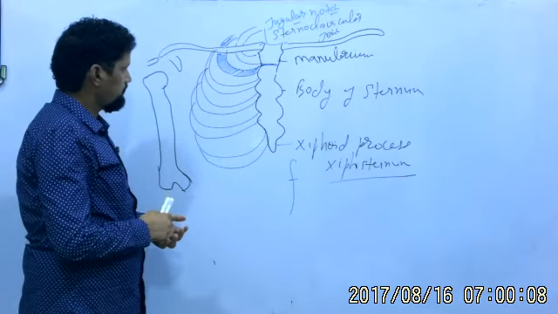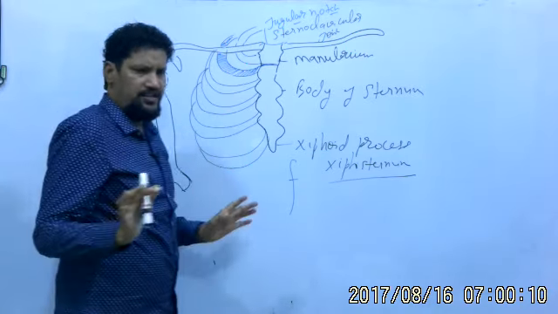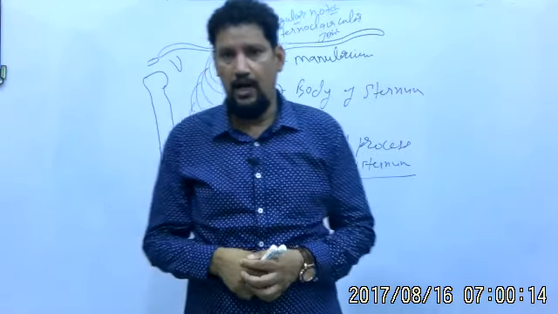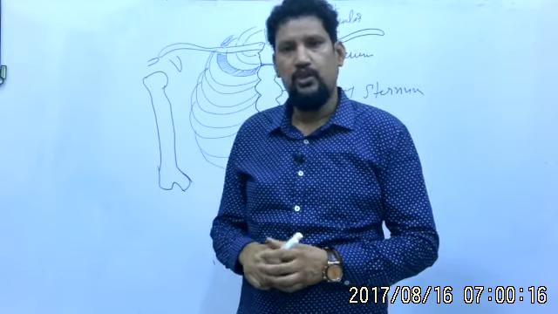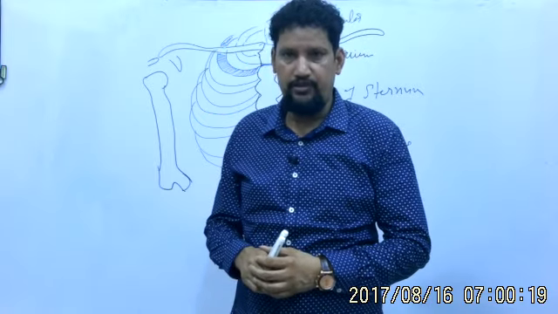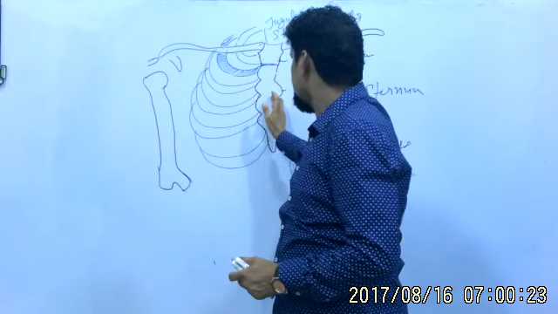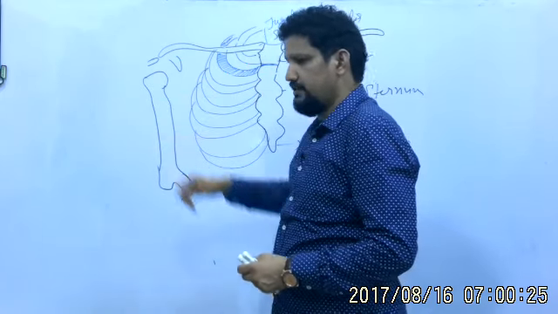Now, the structures which are connecting the thorax to the upper limb are some muscles, mainly 4 muscles involved in connecting the axial skeleton to the appendicular skeleton.